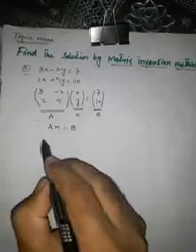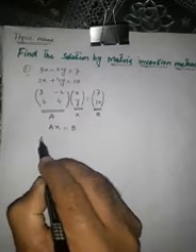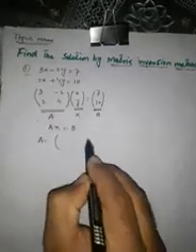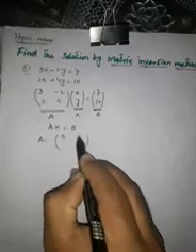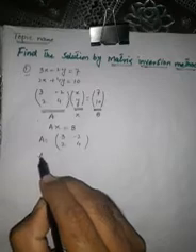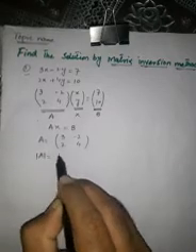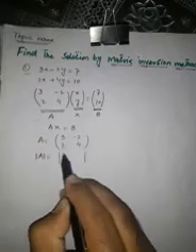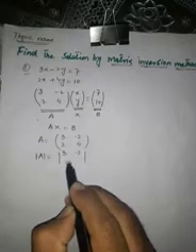Now we take A is equal to 3, minus 2, 2, 4. We find its determinant. The determinant of A is equal to the mod of 3, minus 2, 2, 4.